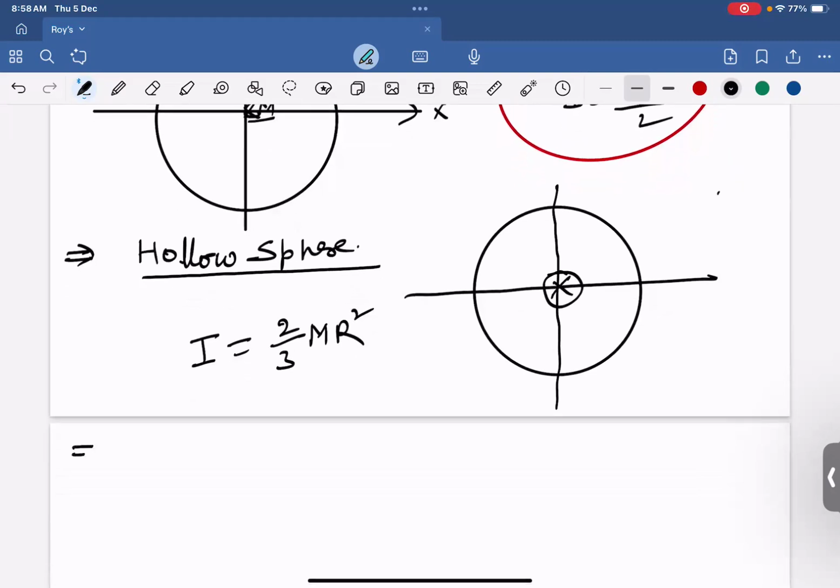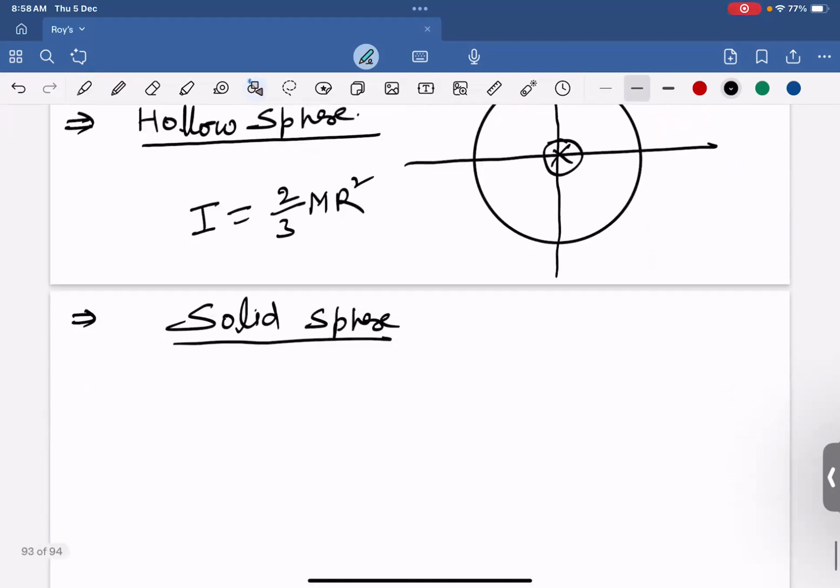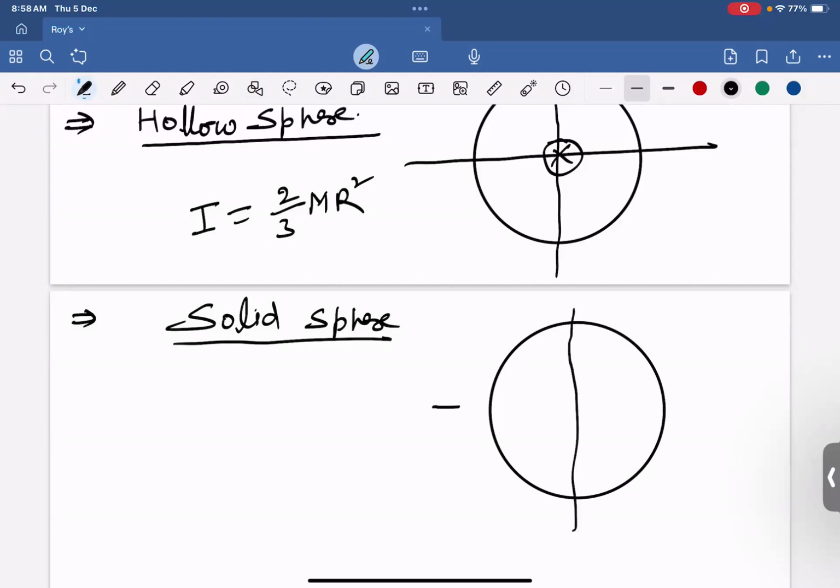If you have a solid sphere, let's take a solid sphere. Here also any axis you can take, this axis, this axis, or this axis. It should just pass through the center of mass. Then moment of inertia becomes 2 by 5 mr square.